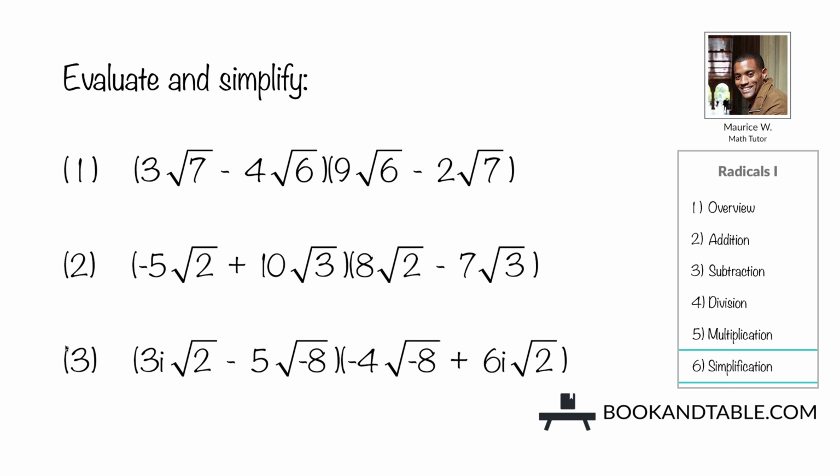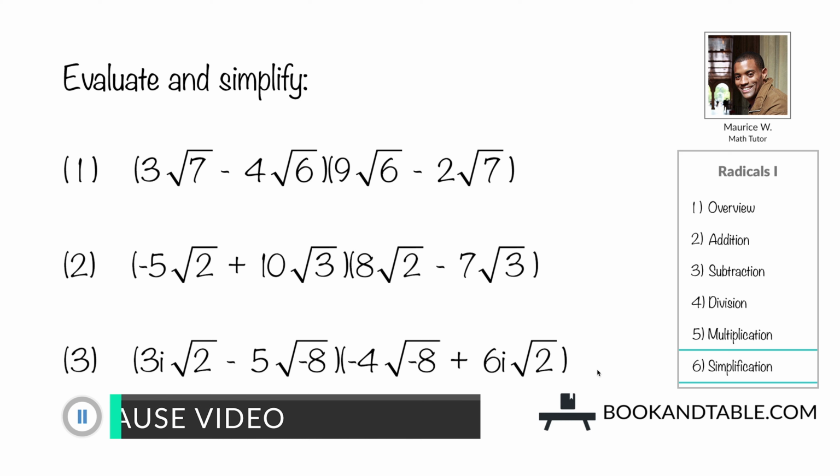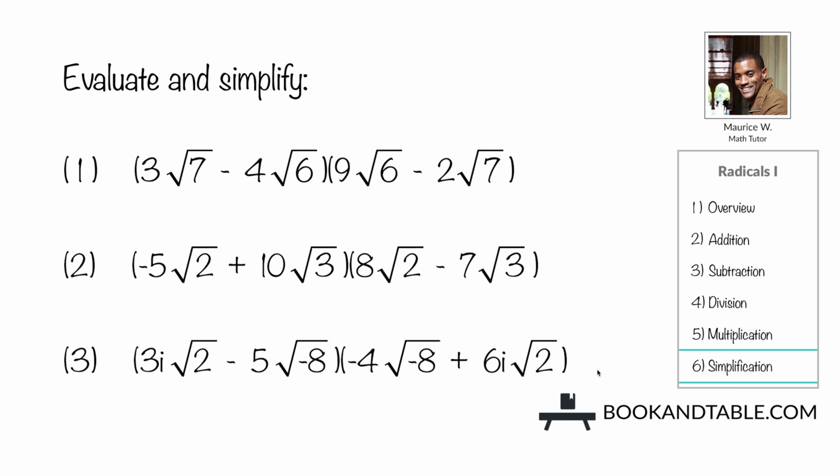Question number 3. 3i radical 2 minus 5 radical negative 8 times negative 4 radical negative 8 plus 6i radical 2. Pause the video, answer these questions, and then press play when you are ready to begin.